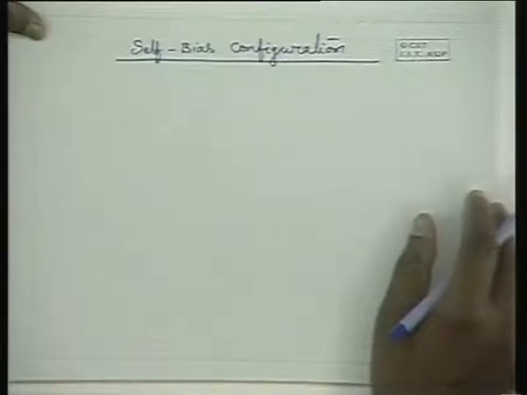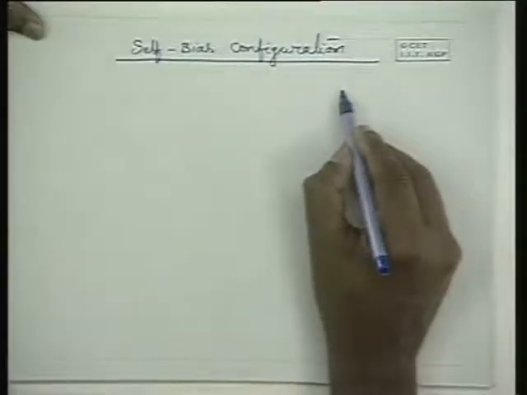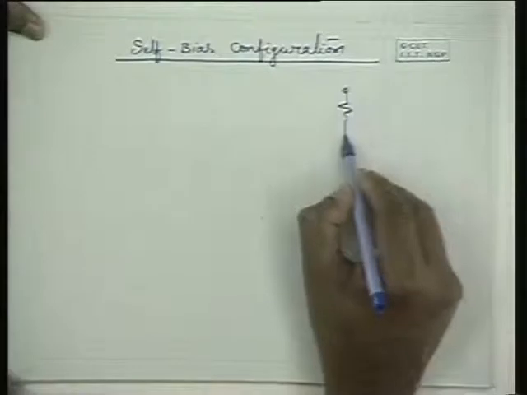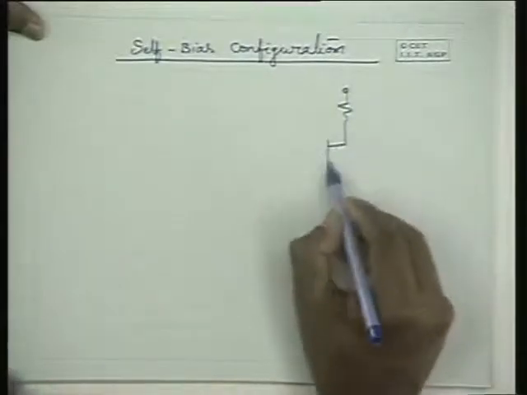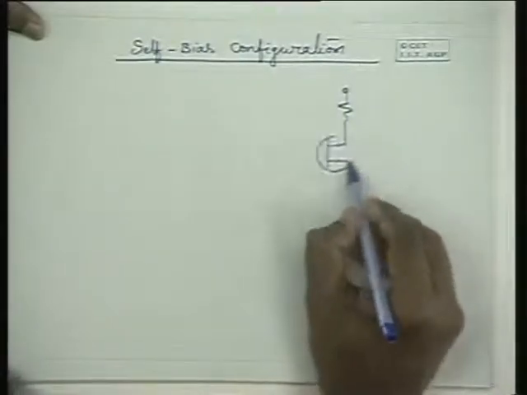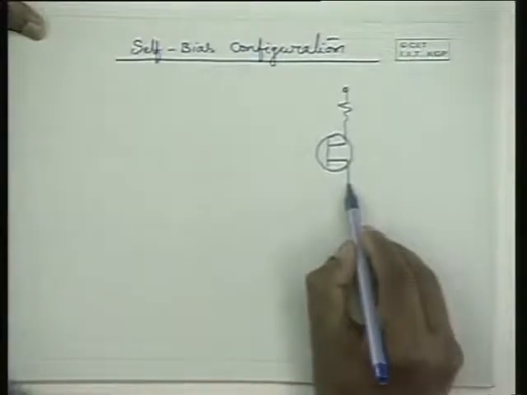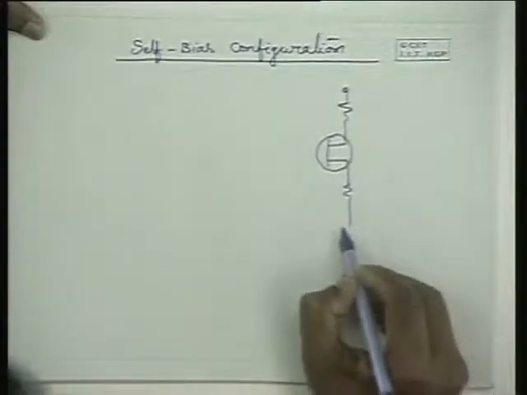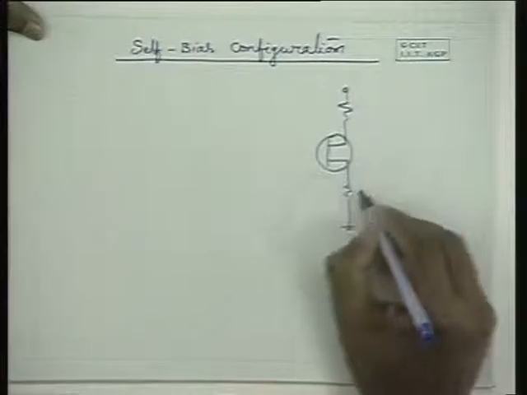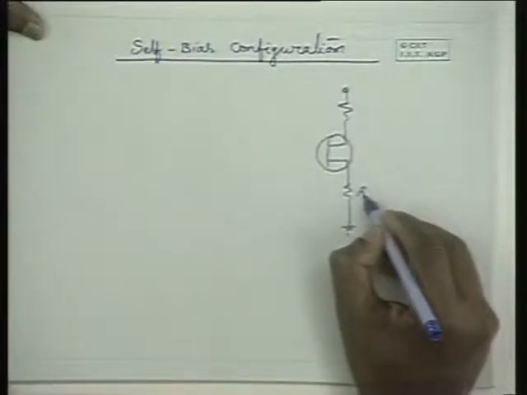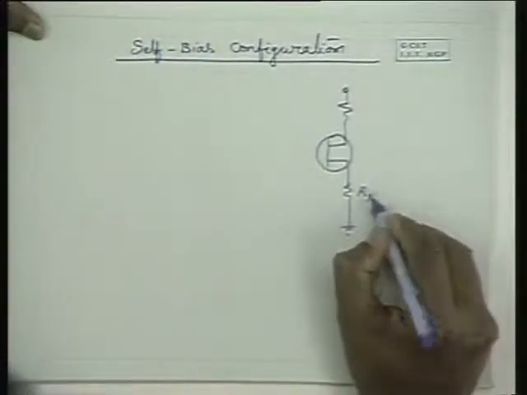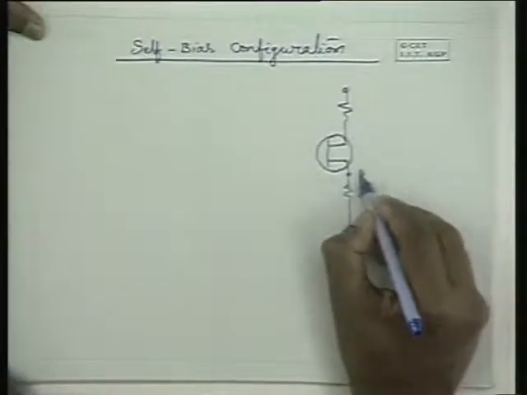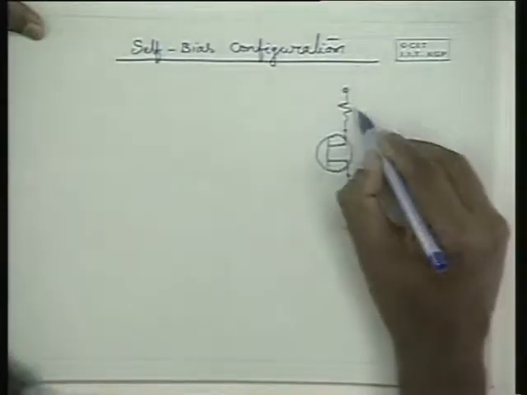It gives you a stable biasing point or stable quiescent point. The circuit is given as shown here. Similar to that of the transistor, we use a source resistance with the source and a drain resistance here.